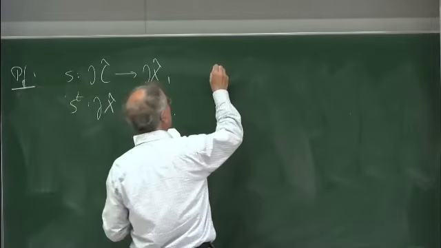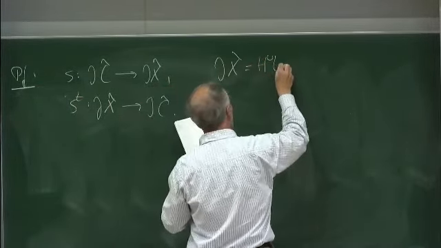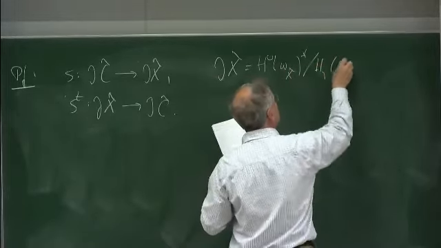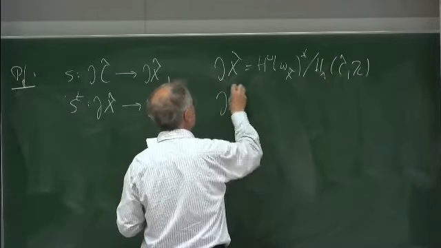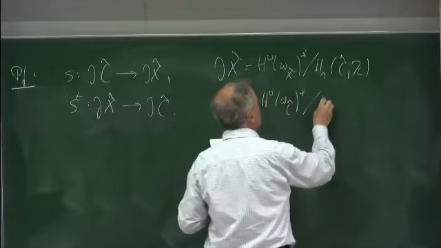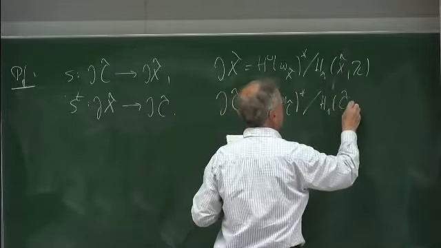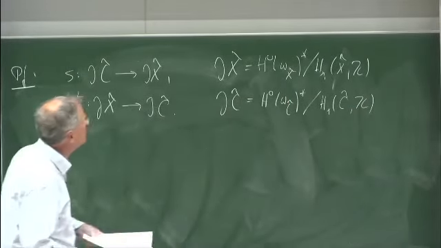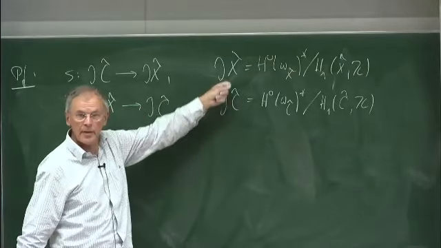And what is JC tilde? JX tilde is actually H0 of omega X tilde star modulo H1 of X tilde Z. And similarly, JC tilde is actually H0 of omega C tilde dual modulo H1 of C tilde Z. Okay, and then small s and small s transpose were homomorphisms here.